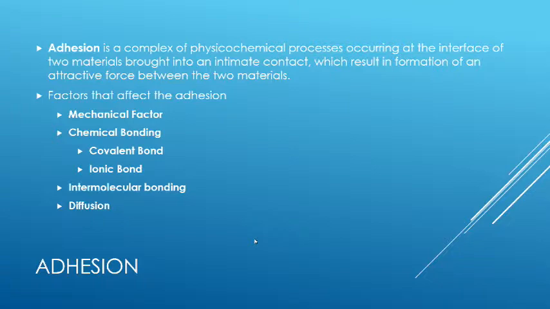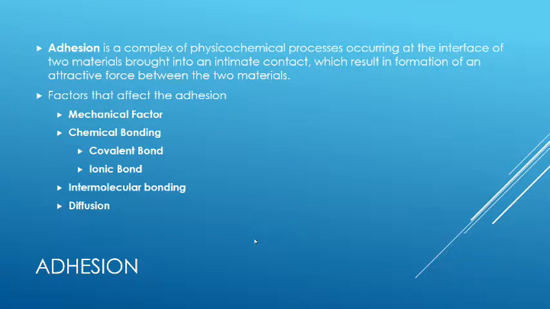Mechanical. The mechanical factor refers to porosity or rough surface. With porosity and rough surface, it provides stronger adhesion. It's because it will have a larger interface area and it can interlock the adhesive material in the surface microwebs.